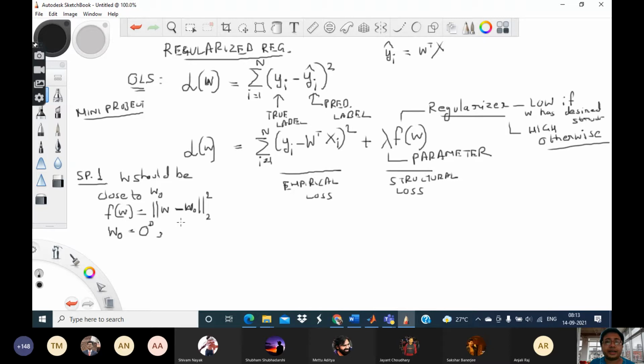I had suggested yesterday and in the previous class also that in various situations, especially if some of the features are noisy, then I would like to have low values of some of these coefficients. So that may be achieved if we set W naught to be the zero vector. And in that case, this problem boils down to what is known as ridge regression.